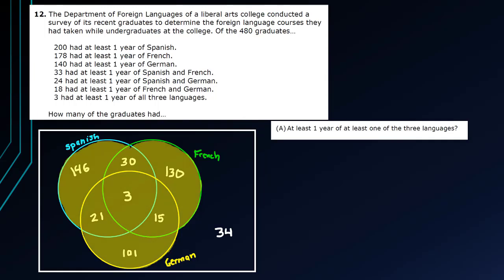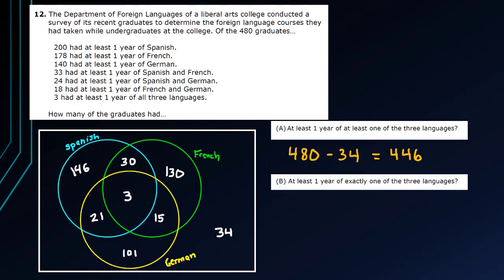So I'm looking for the total that's in this region here. Again, I could total up the numbers here, or as a shortcut, I take the 34 who did not have at least 1 year of one of these 3 languages and subtract that from the 480. That gives me 446 of these college graduates that had at least 1 year of one of these 3 languages.